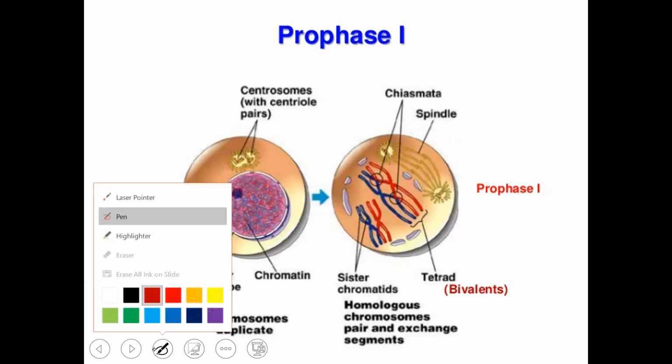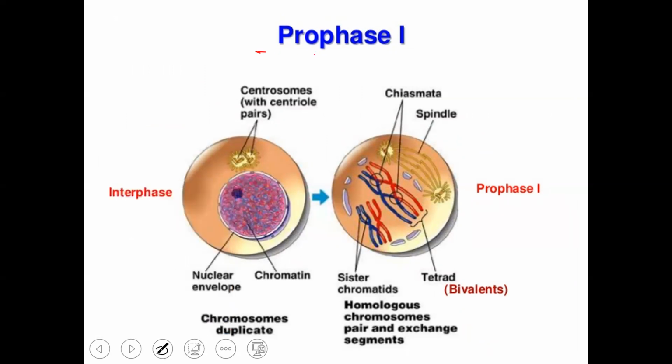You can see in the case of interphase, the nuclear envelope, the chromatin material, and the centrosomes with centrioles in the case of animal cells have already duplicated, and now they are ready to undergo prophase 1. For convenience, prophase 1 is divided into five substages based on the behavior of the chromosomes.